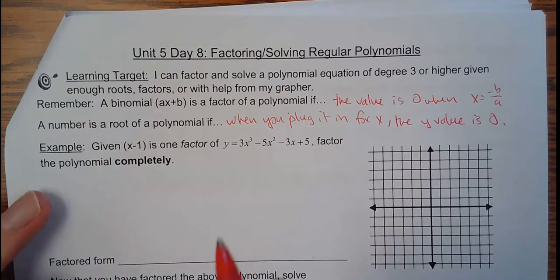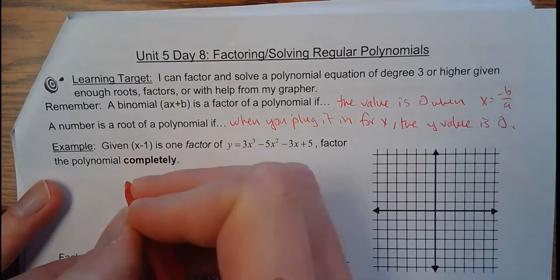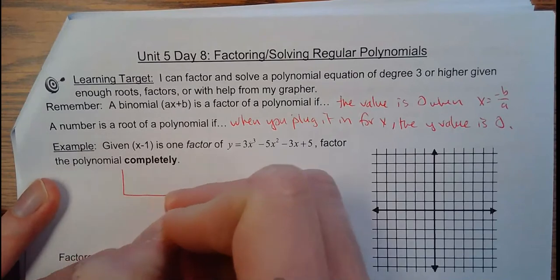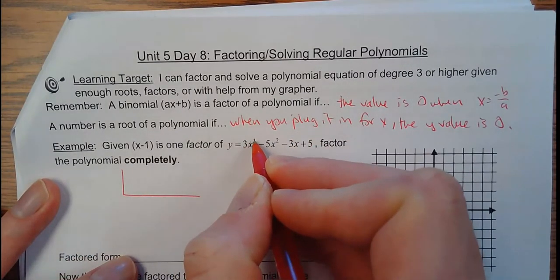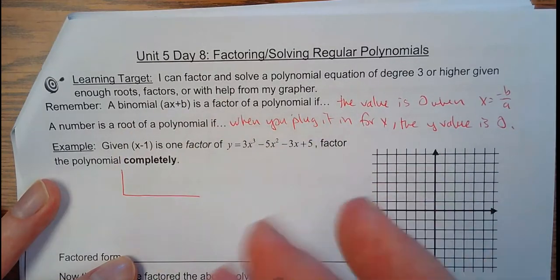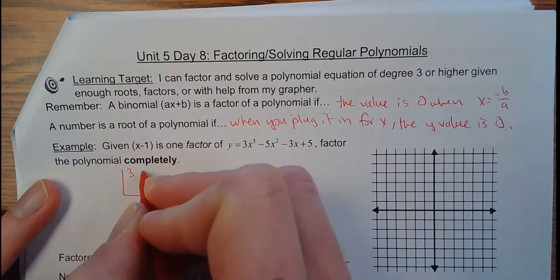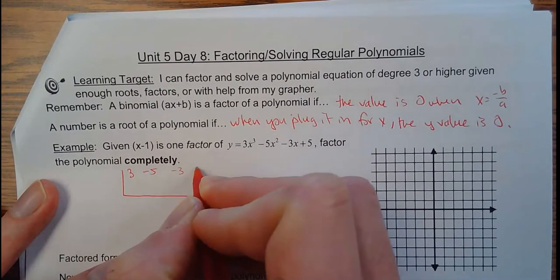So my first step here, I'm going to use synthetic division, because synthetic is so much faster for me at least. Remember the coefficients: we have an x cubed, x squared, x, and a constant, so there's nothing missing. Every exponent is present. So 3, negative 5, negative 3, 5.